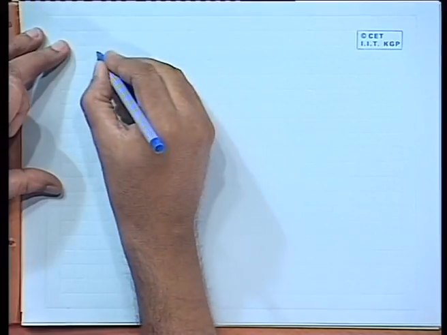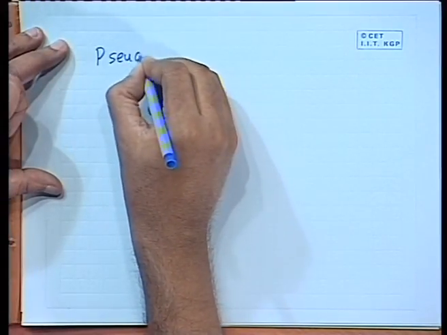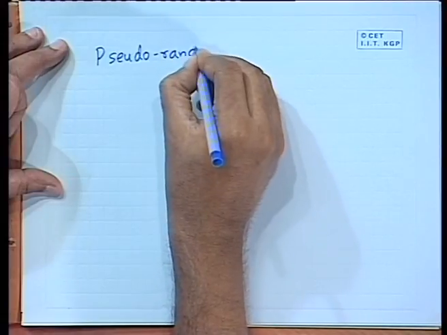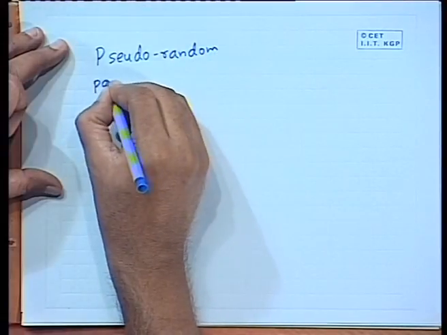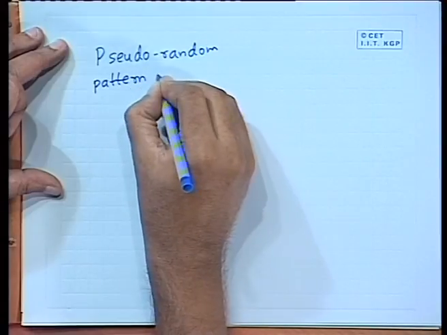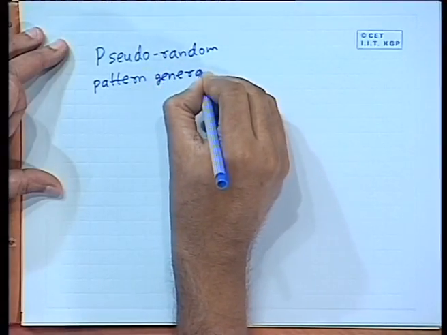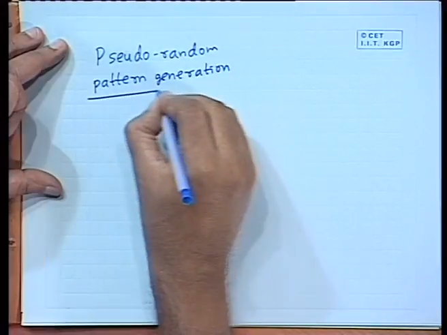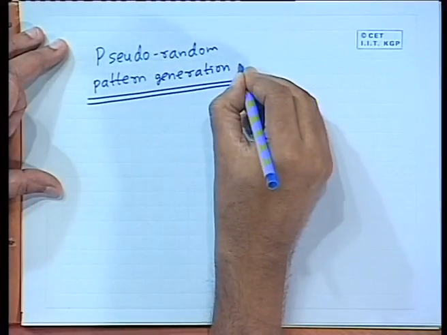So, actually pseudo-random testing is a very interesting method, because well, the first thing is that I have shown this plot that you can simply apply pseudo-random patterns and you can estimate the fault coverage. Not only that, there are some other advantages, like pseudo-random pattern generation. This can be done very efficiently in hardware. This is another big advantage.